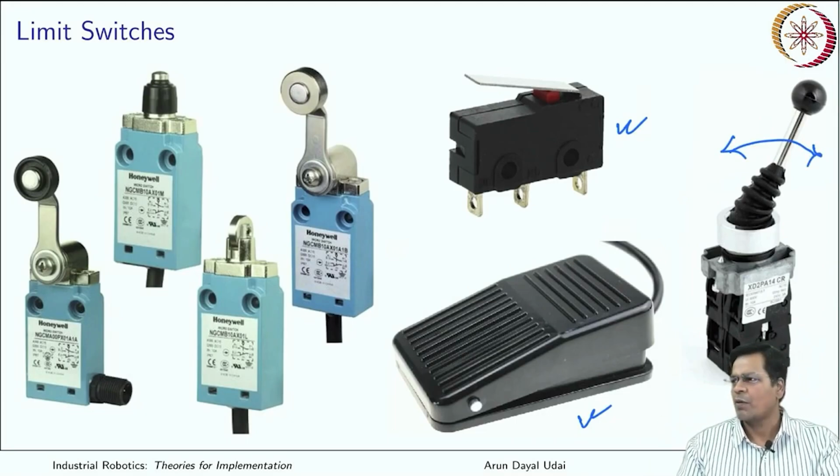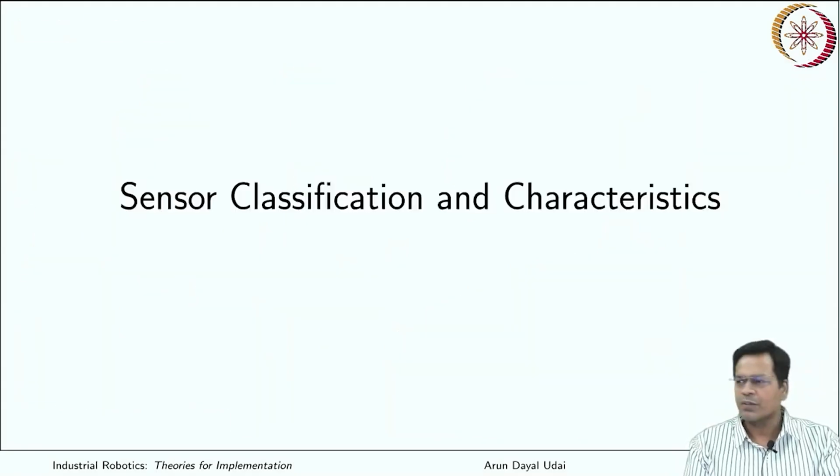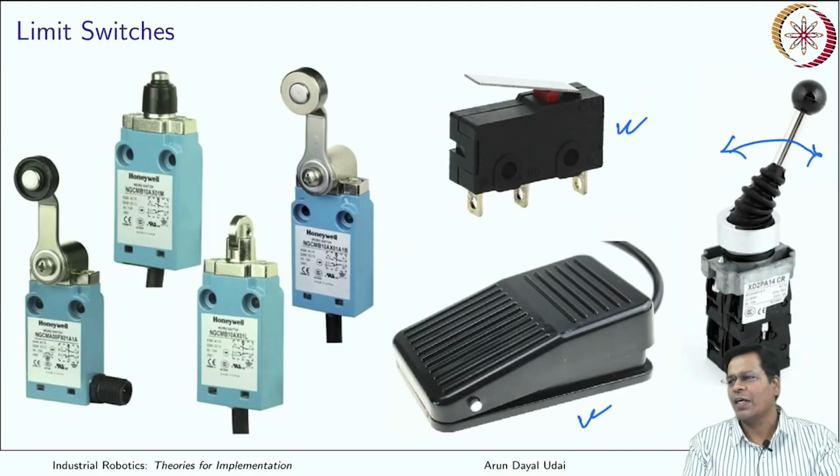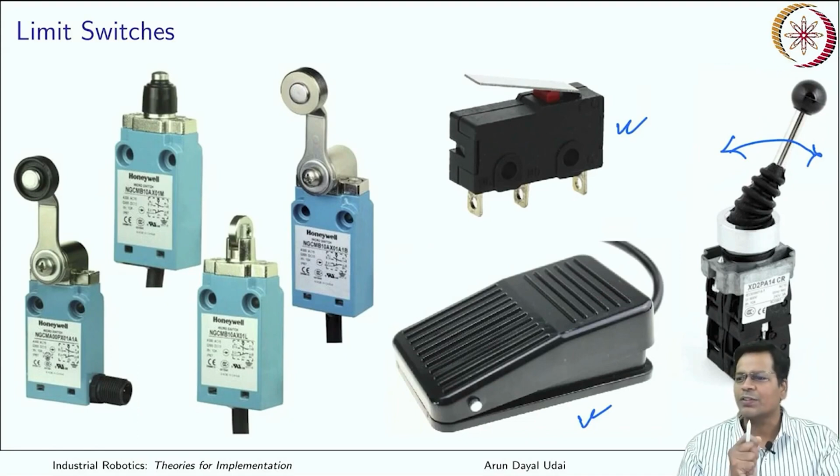So yes, these are a few of its kind. If you remember, your fridge also has such a switch. As soon as you shut your door, your light goes off, right? In your car, when you open your door, the light switch is on. So that also has this type of switch.